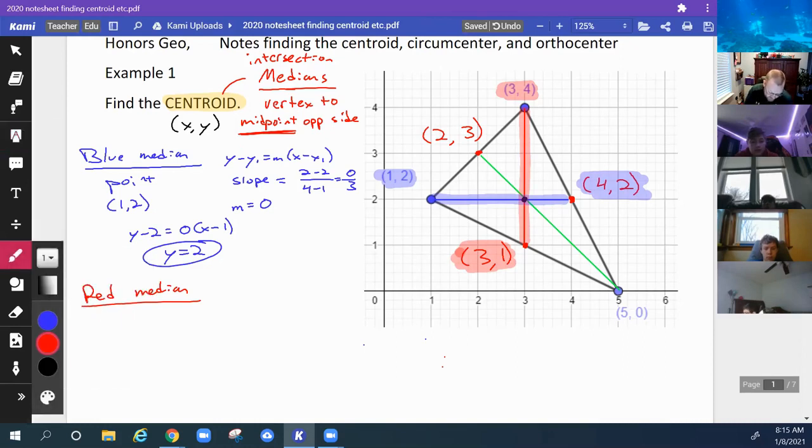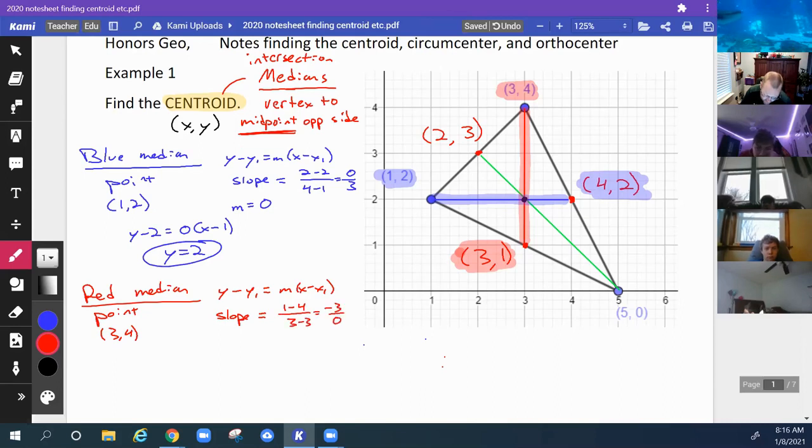So the point, it doesn't matter which one I choose. I'm just going to choose 3, 4 because that was given to me. And then I need the slope. Okay, so remember, the slope is going to be the calculation y minus y over x minus x.